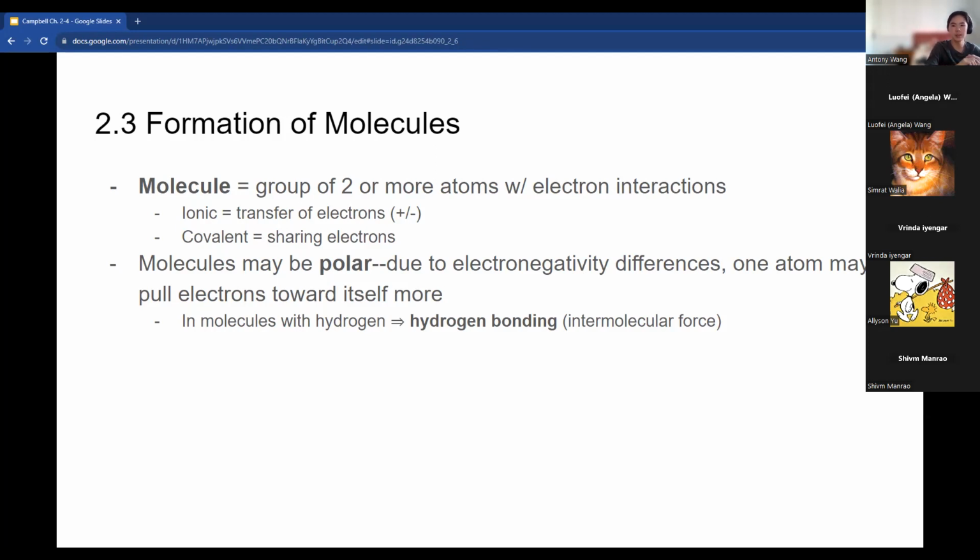As a result, that atom gains a partial negative charge. The other atom that has its electrons pulled away from it gains a partial positive charge. And one important force that has to do with this polarity is hydrogen bonding, which we'll get into in more detail in just a bit.